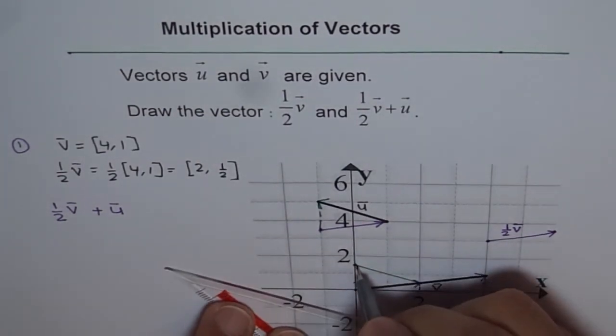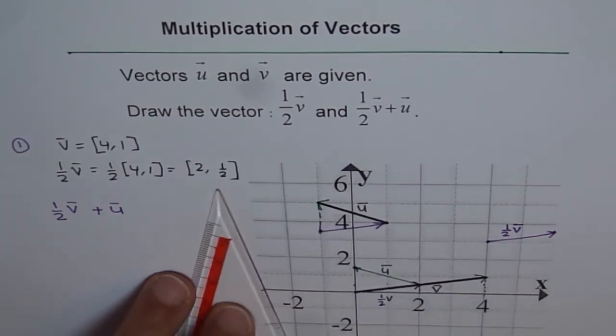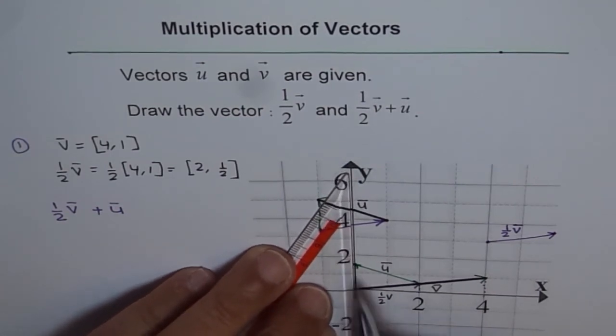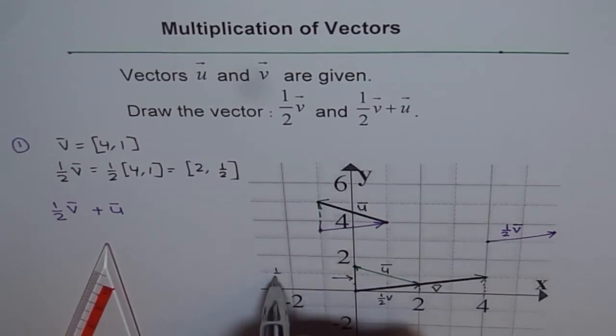So this is vector u for us. This is half of v. So we have vector u, this one is half v, and therefore that represents half of v plus u, right?